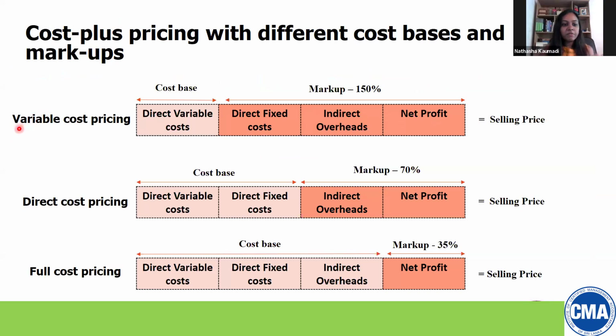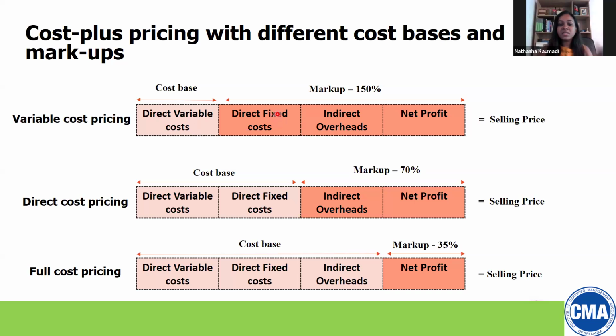Now, if you are using the variable cost pricing method, you need to calculate only the direct variable cost of your product. This is all because of traceability. In some organizations, it is easy to trace the cost items; sometimes it is difficult. In a difficult scenario, you can take only the direct variable cost. Why?